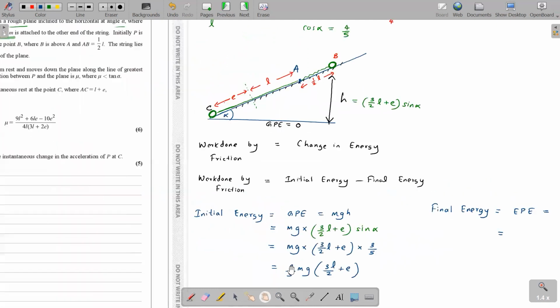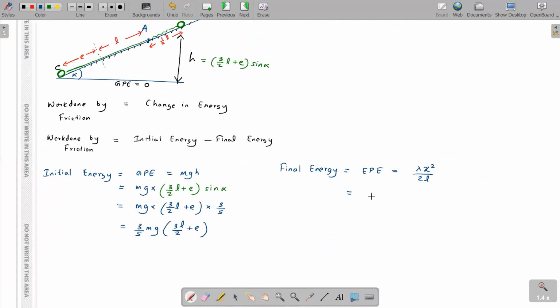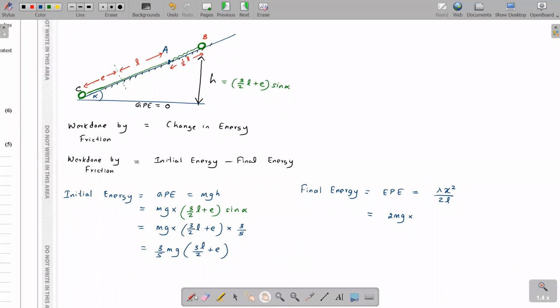Lambda was given to us as 2mg. X is the extension, so your string is stretched by E, over twice the natural length. The natural length is L, so the 2 cancels. I get mg E squared over L.